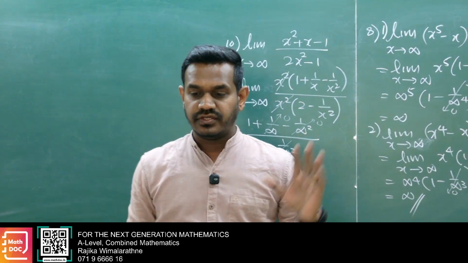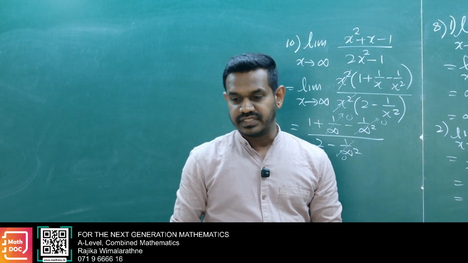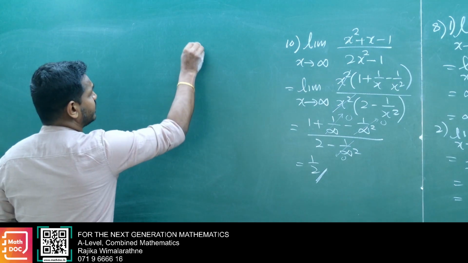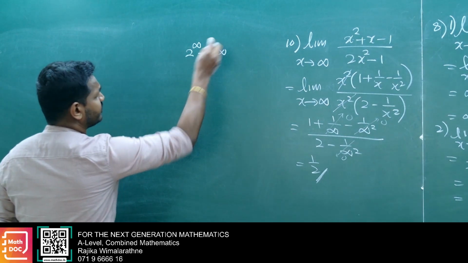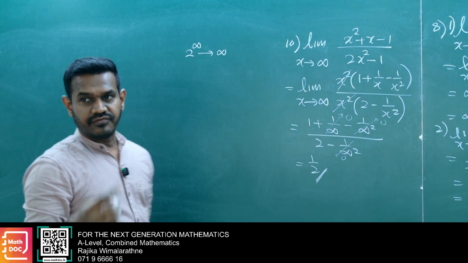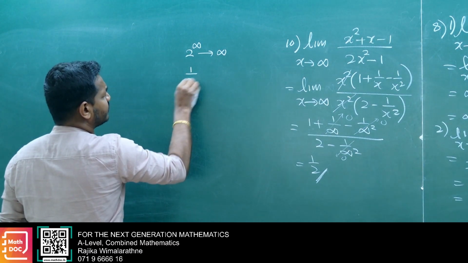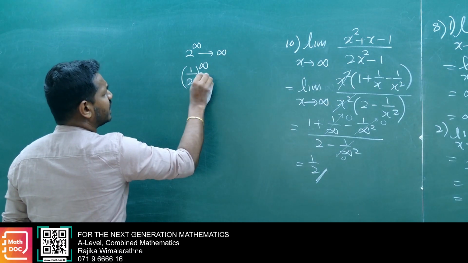Now with that, it's better to put this note. Check this: 2 to the power infinity goes to infinity, since the value is greater than 1. Then half to the power infinity goes to 0.